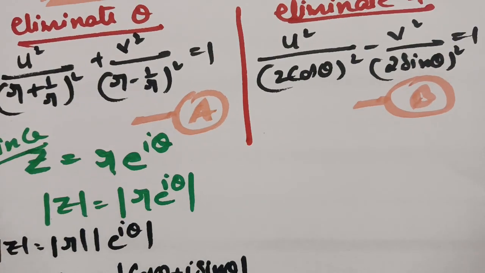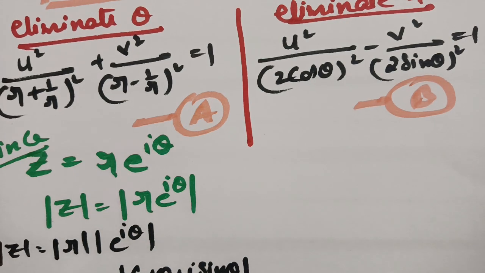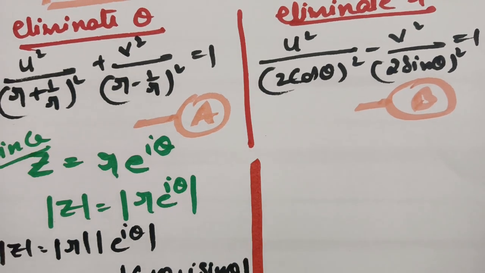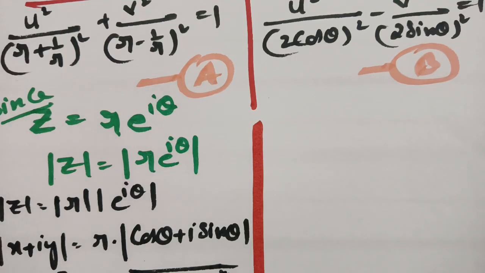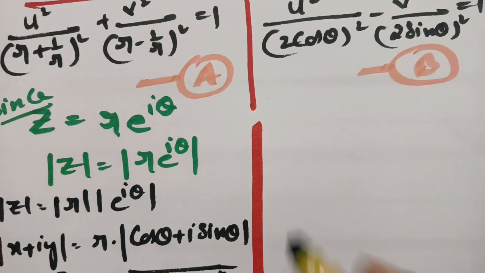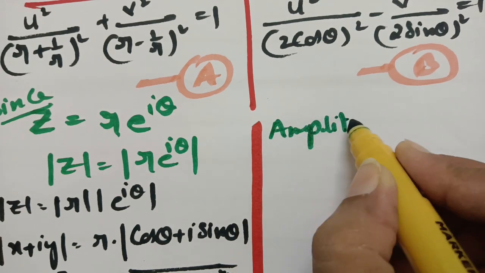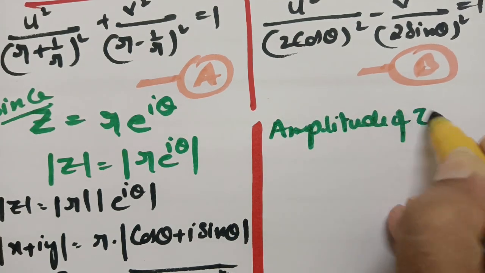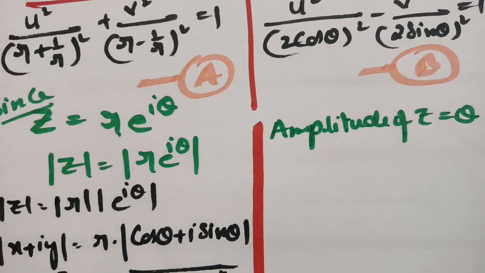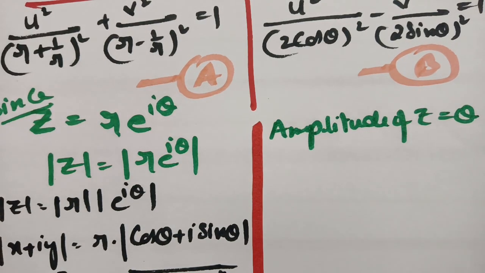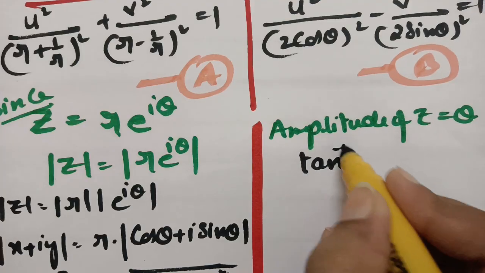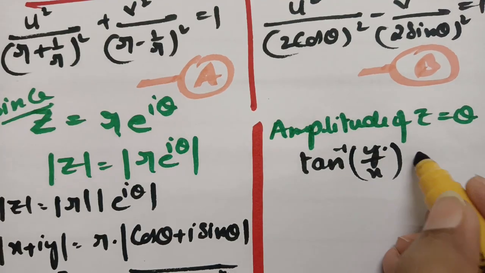So our next thing here, if you observe clearly, is that, as usual, the amplitude of z is equal to theta. What is the amplitude formula? Tan inverse of y by x is equal to theta.